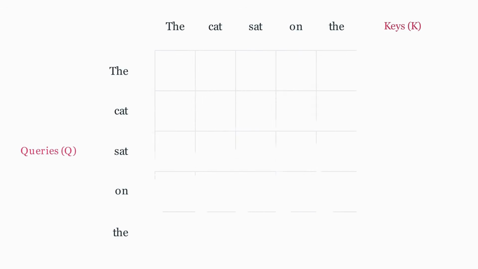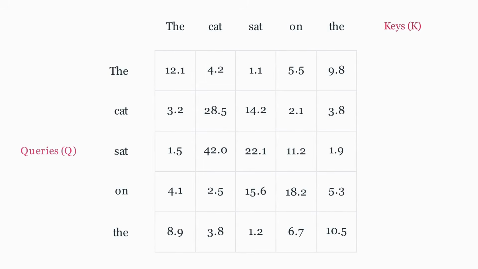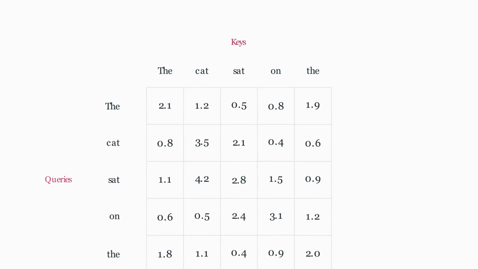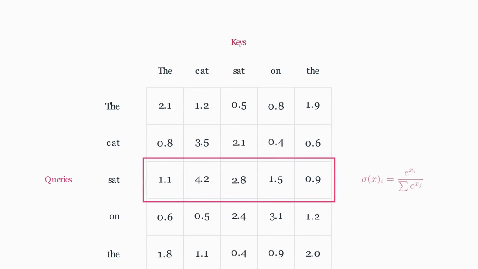By running these calculations for every word against every other word in the sentence, the model builds an attention matrix. This grid shows exactly how much focus the model should put on each part of the sentence to understand the whole thing. You can pause the video if you like. We then use a formula called Softmax to turn those raw relevance scores into percentages that sum up to 100%.